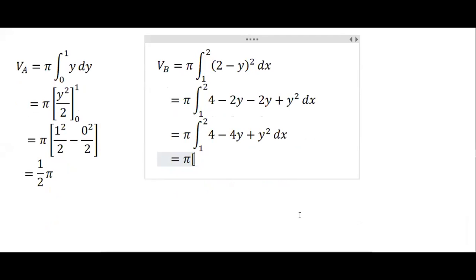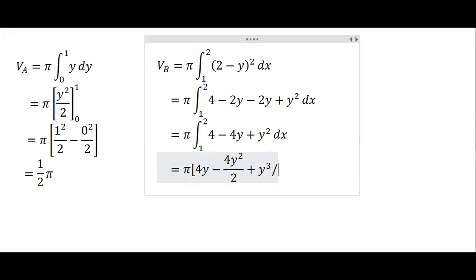Is it 4x? No, 4y. Jangan lupa ini y. Then minus 4y become what? Minus 4y square over 2. Yes. Y square jadi apa? Y cube over 3. Yes.